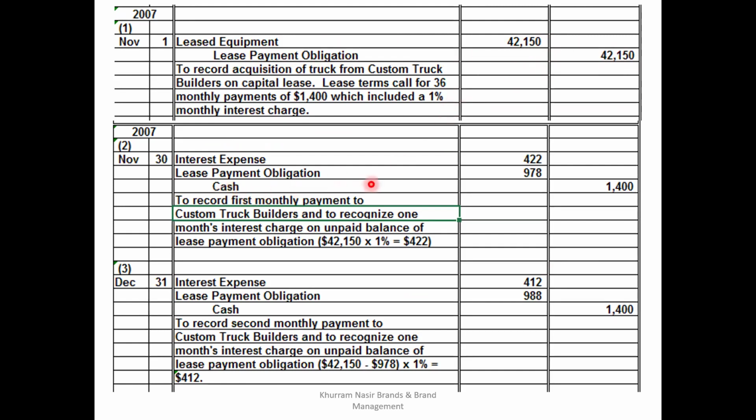Now, cash is going to be paid, so cash is credited. The interest revenue which was recorded in the previous slide will now be recorded as interest expense. The lease payment receivable which was credited will now be recorded as lease payment obligation for this example, and similarly the second installment.